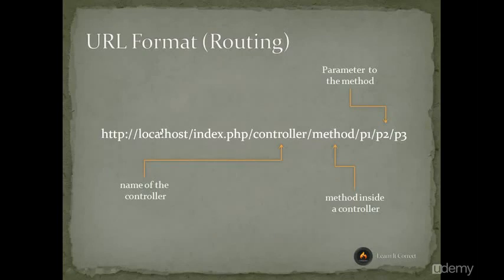This is the URL format for the routing: http://localhost/index.php, then we give the name of the controller, and then the method name inside the controller, and next we give parameters to this method separated by slashes. Again: index.php/controller/method name/parameters to the method, separated by slashes.